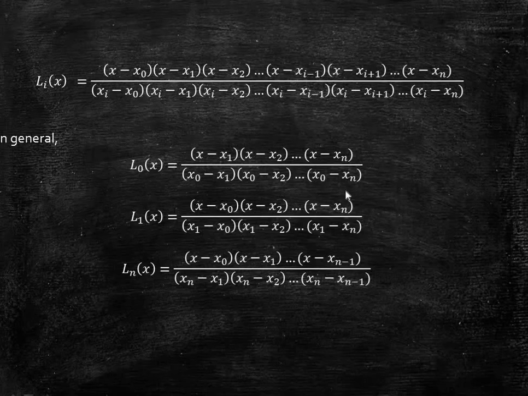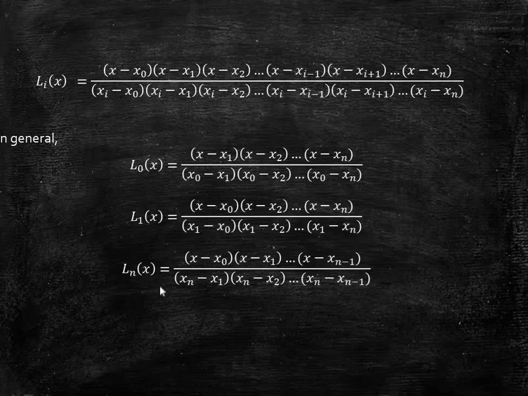So that is L0 of x. Now if we have to compute L1 of x, we remove the term x minus x1. So the terms are x minus x0, then after removing x minus x1, we get x minus x2, x minus x3, up to x minus xn. In the denominator, we replace x by x1, so we get x1 minus x0, x1 minus x2, up to x1 minus xn.